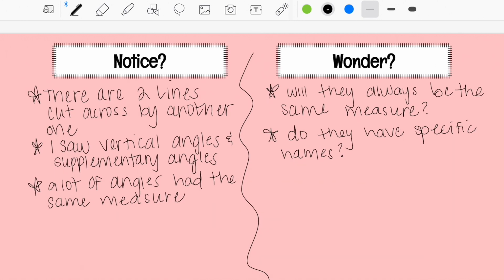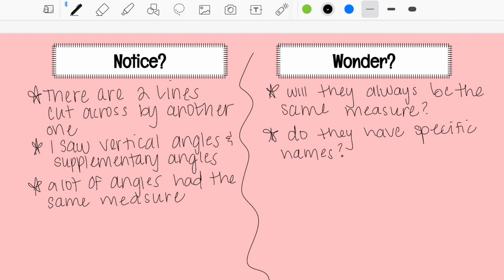All right, you guys, let's take a look at your notices and wonders, and I'm going to read you mine. I noticed that there were 2 lines that were kind of sliced by another one. I saw vertical angles because I saw V's. And I also saw supplementary angles because they were angles that combined to make a line.